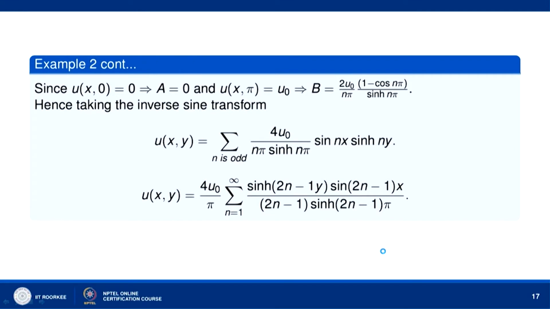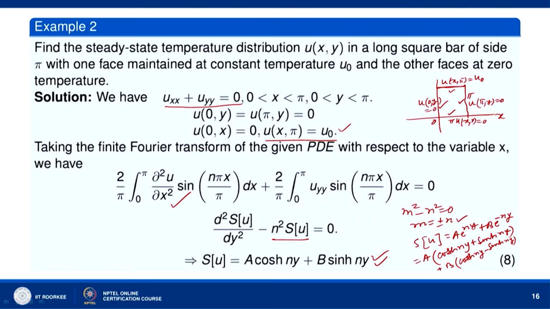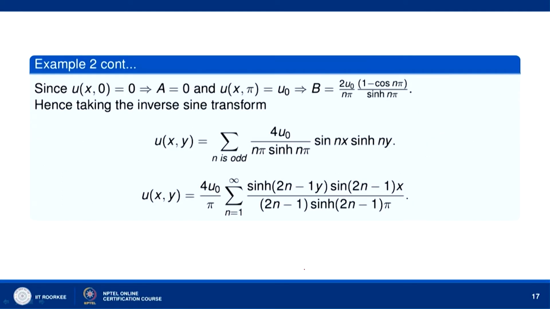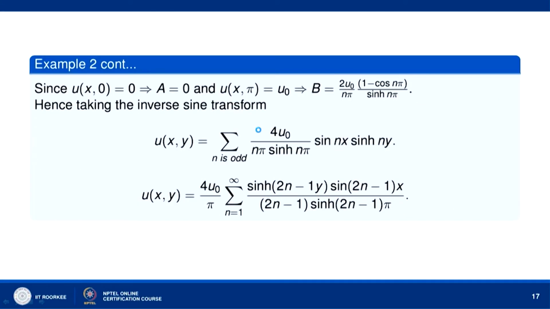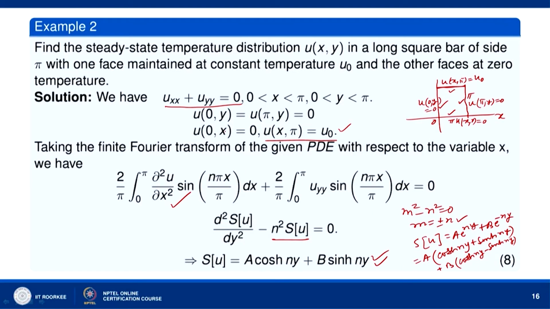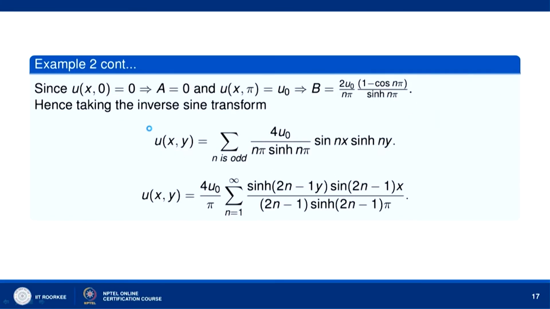Now, since here S of u is a cosh(n y) plus b sinh(n y), we are given u(x, 0) equal to 0. We are given u(x, 0) when y is 0. So, this is x equal to 0, this is x equal to pi, this will be u(x, 0). So, u(x, 0) equal to 0.